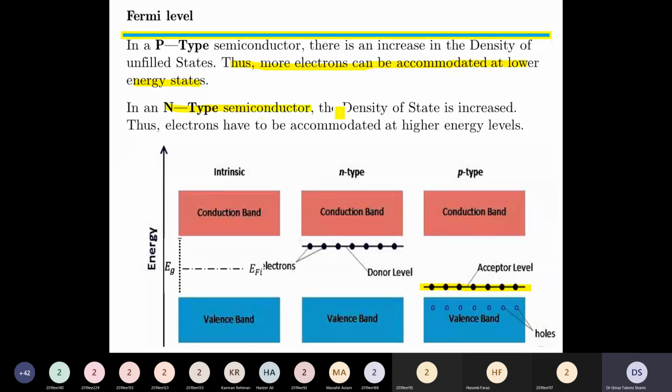Whereas in n-type semiconductor density of state is increased, thus electron can be accommodated in higher energy levels. Higher energy level का मतलब ये है कि n-type material में conduction band की तरफ ज़्यादा large possibility कि electron will be available, the electron will be placed in the conduction band.